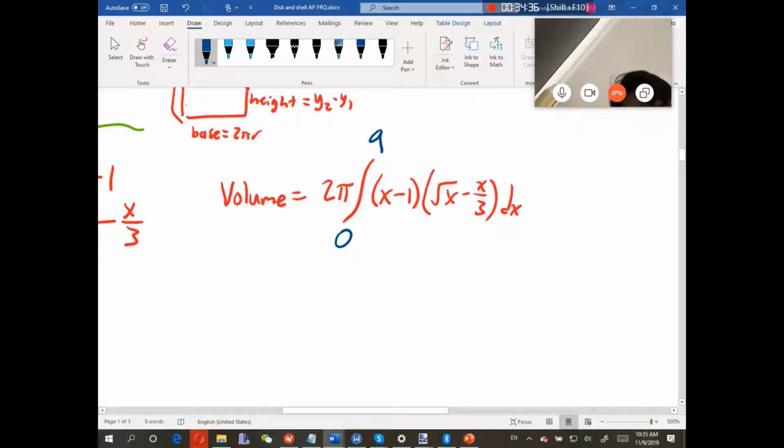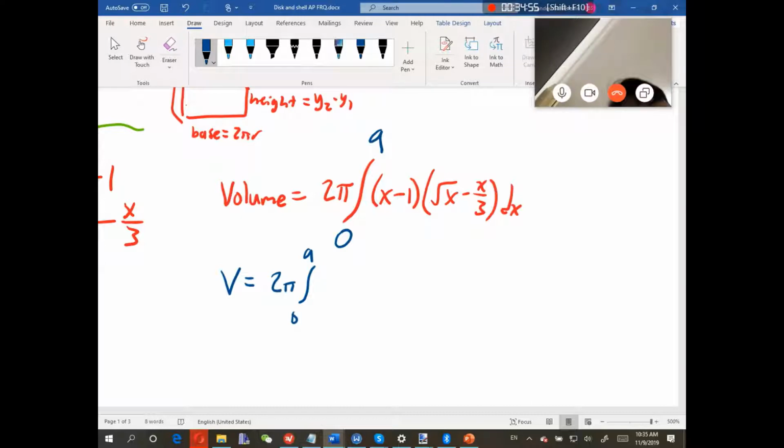So if I want to solve this, what's the first thing that I need to do? Plug in. Okay, so before I can integrate, I'm going to need to simplify this a little bit.